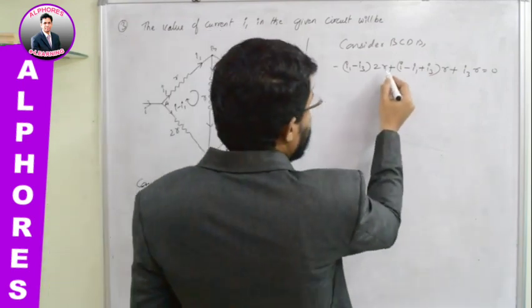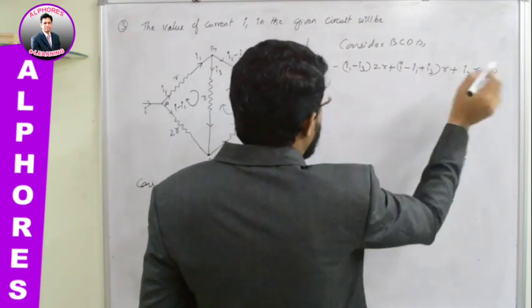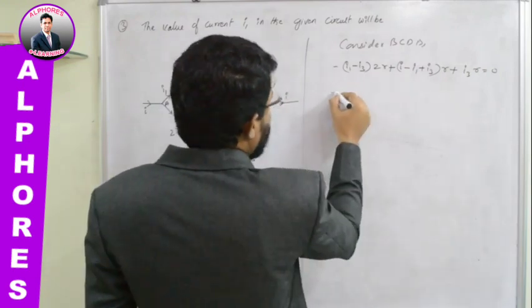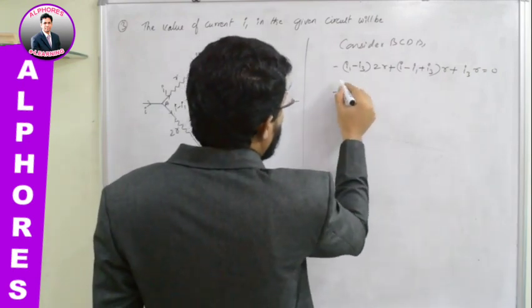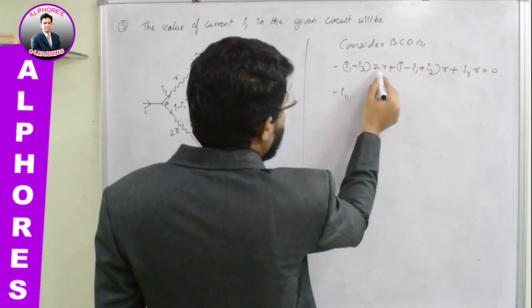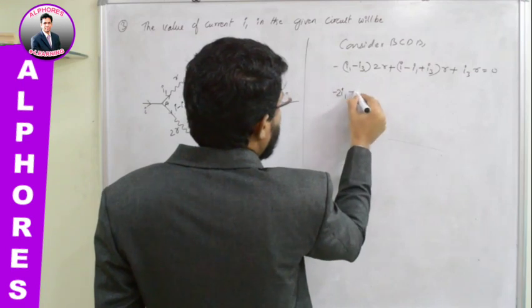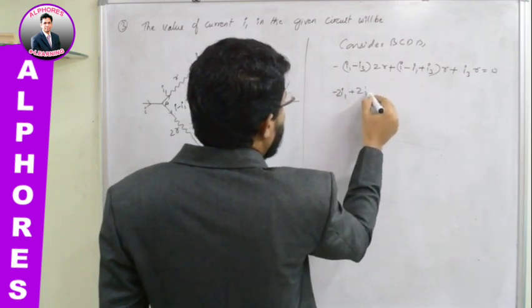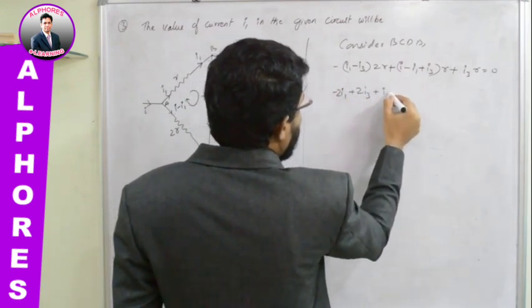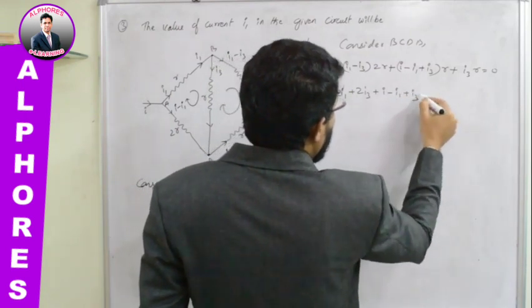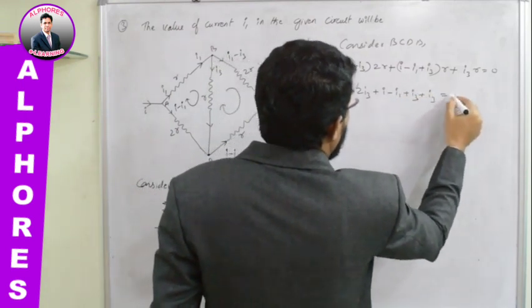So let me simplify this. R is there in every term. You can take it out and it becomes 0. It goes to the RHS side. So minus I1, if you multiply the minus sign into the bracket, 2 is also there. So minus 2I1, minus into minus plus 2I3, plus I minus I1 plus I3, and finally we are having one more I3 equal to 0.